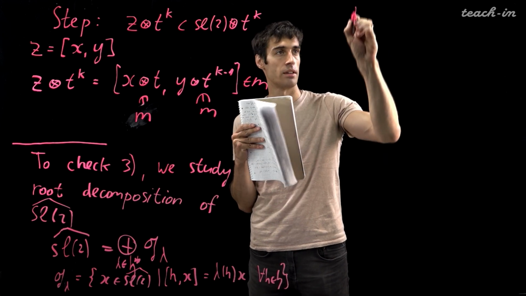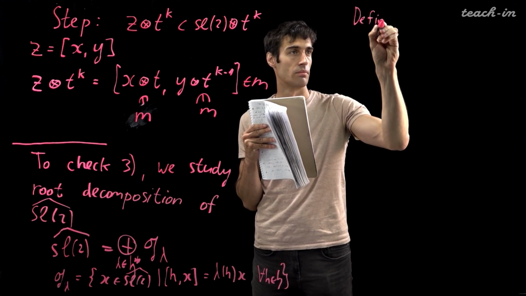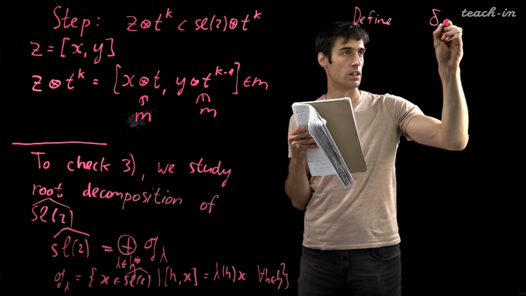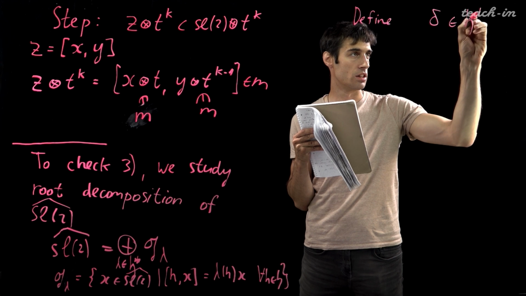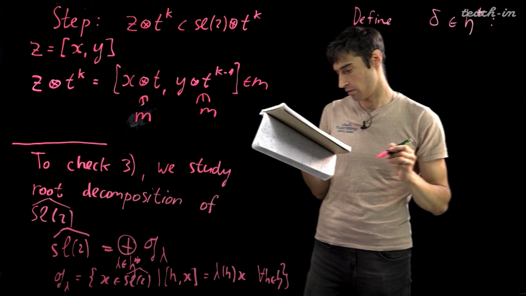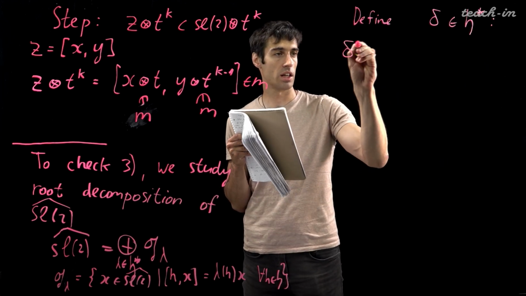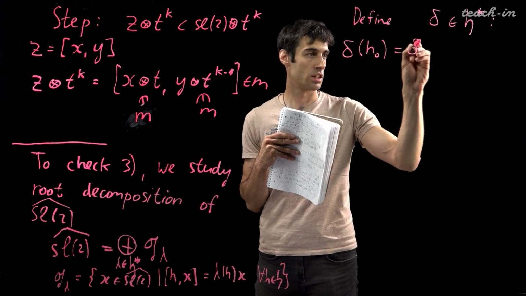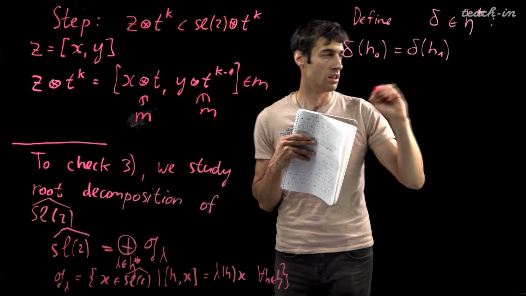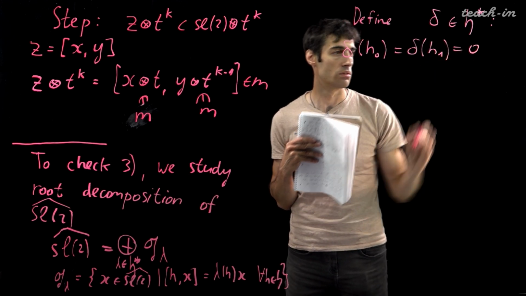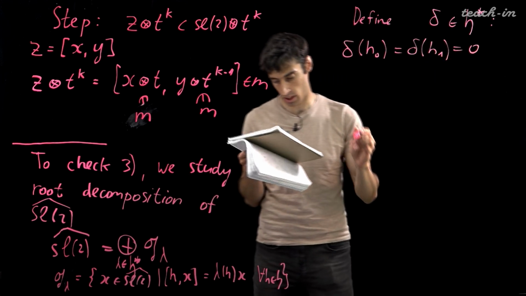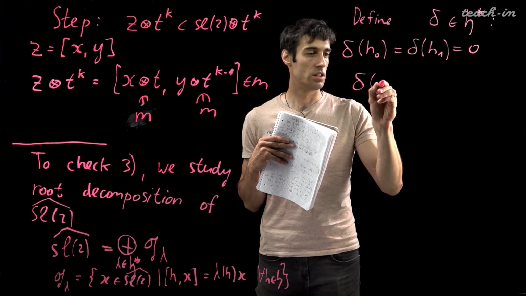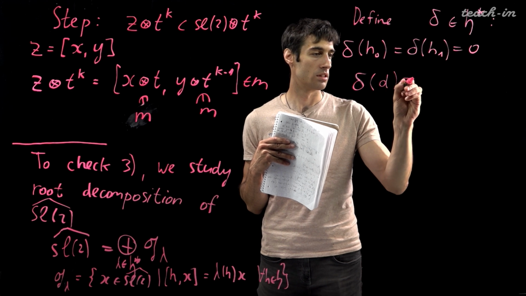So let me define delta, an element of H star, as follows: evaluated at H0 and at H1, it just gives me 0, but evaluated at D, it gives me 1.